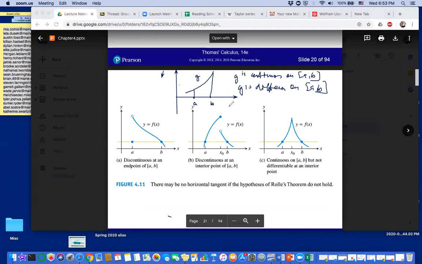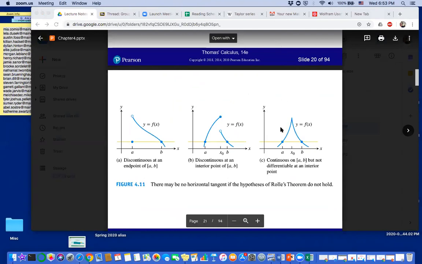Okay. F of A is not equal to F of B. Okay, do you guys see this? F of A is not equal to F of B. The function keeps on increasing, so nothing kind of makes it flex down like that. Okay, so I hope that this is really, really clear to you.